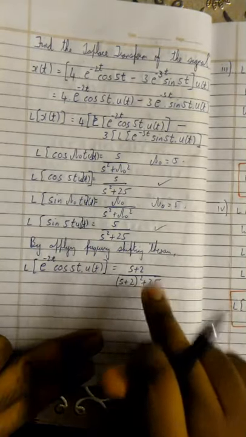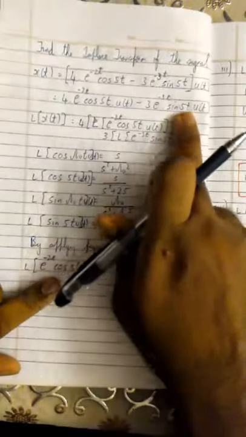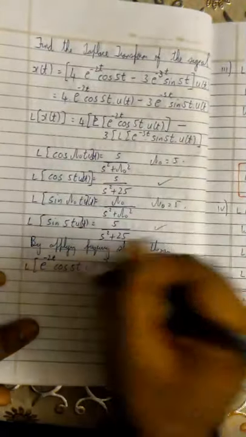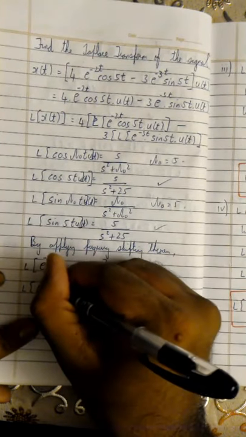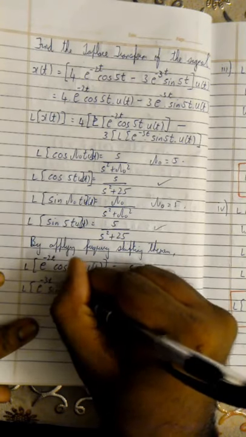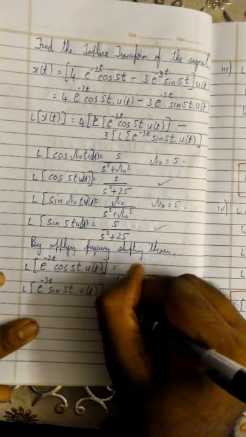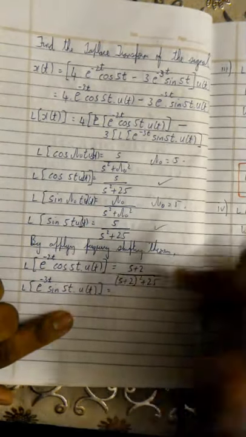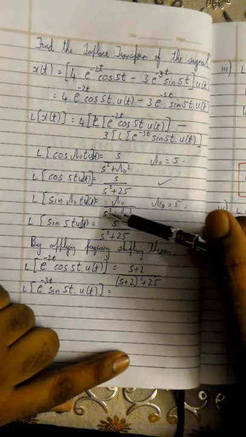This is the Laplace transform of the first term. And the Laplace transform of the second term, e raised to minus 3t sine 5t into u of t, is nothing but, replace every s with s plus 3.